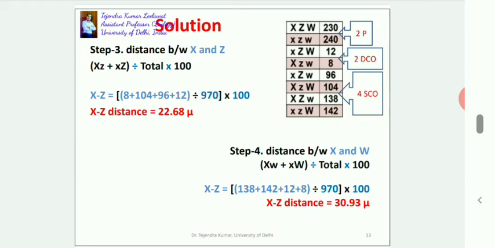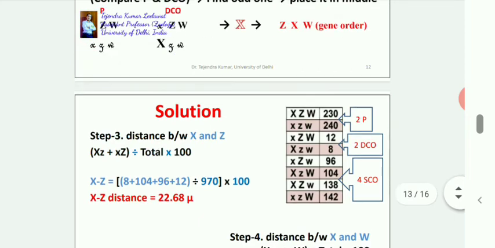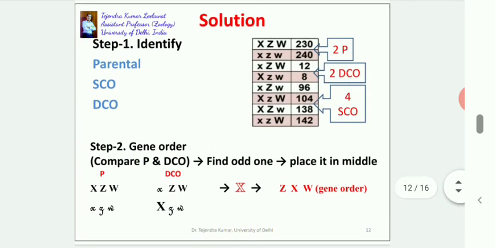One more thing I want to clarify here: if the parents were different, suppose in the previous slide one parent was capital X, small z, and capital W, and another parent was small x, capital Z, and small w, then what would you calculate?